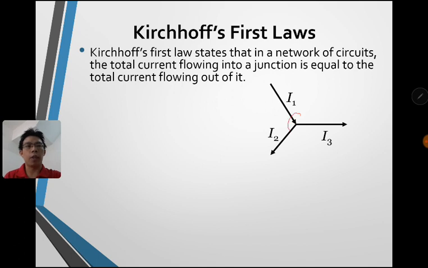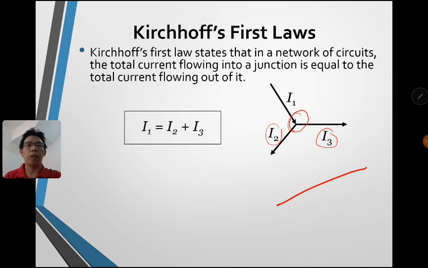We have a junction here, part of a circuit. Current I1 flows into that junction. What comes out as I2 and I3, when you add them together, must also be equal to I1.